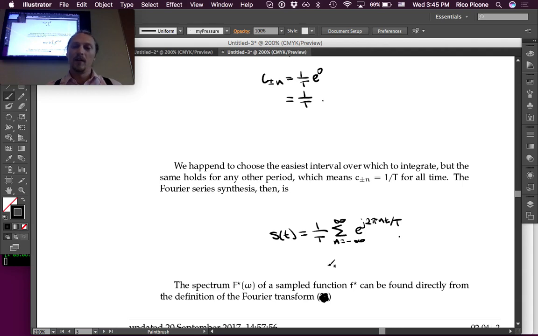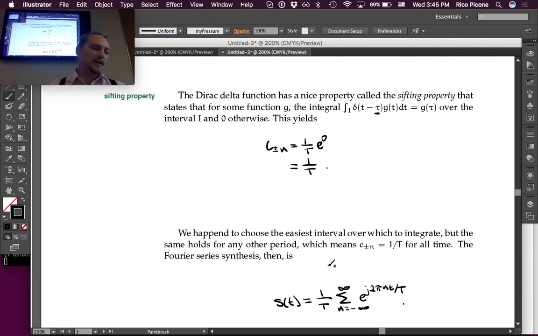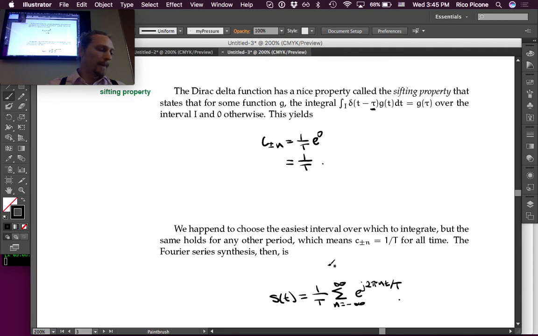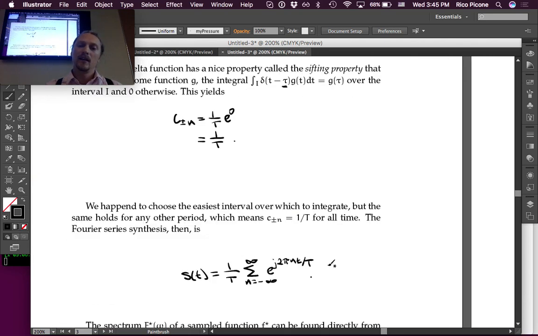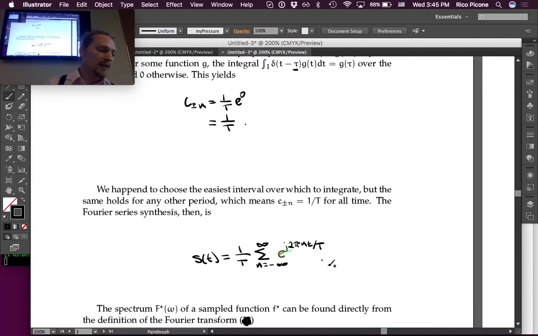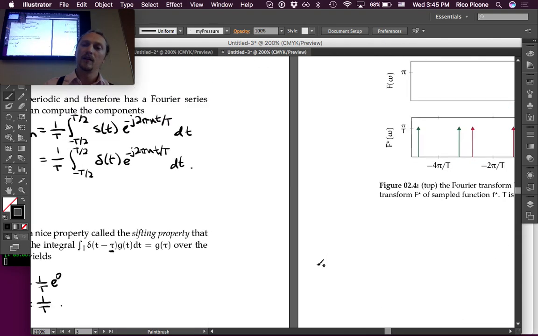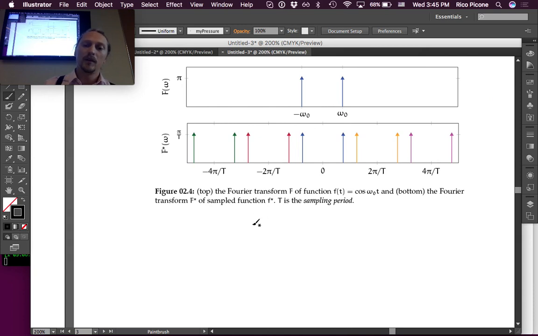Good. So what we're going to do is plug in f star. We want to know what the Fourier transform f star of omega is, which is the Fourier transform of the sampled function, right?